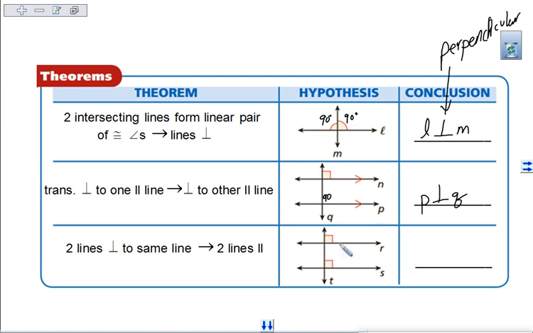And we know that the converse of that is true as well. So if we have right angles on both of our intersections, then that means that line R and line S are parallel because those are corresponding angles.